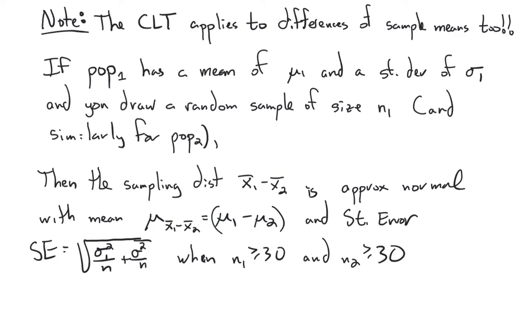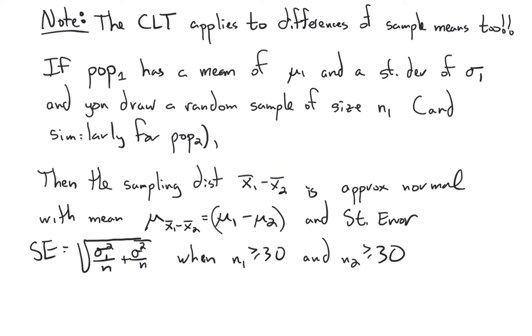What's really nice is that the central limit theorem that we talked about in the previous lecture, saying that if we have a large sample size for a one sample sampling distribution, the sampling distribution is normal, applies for a two sample one as well.